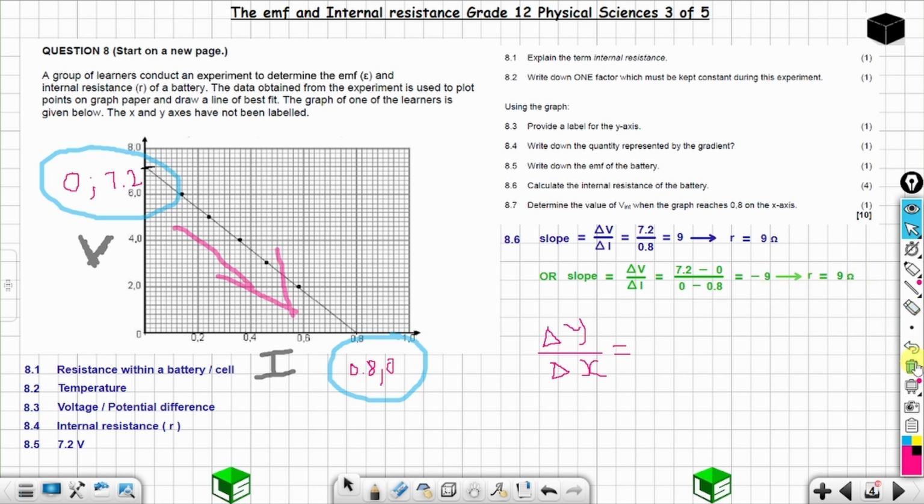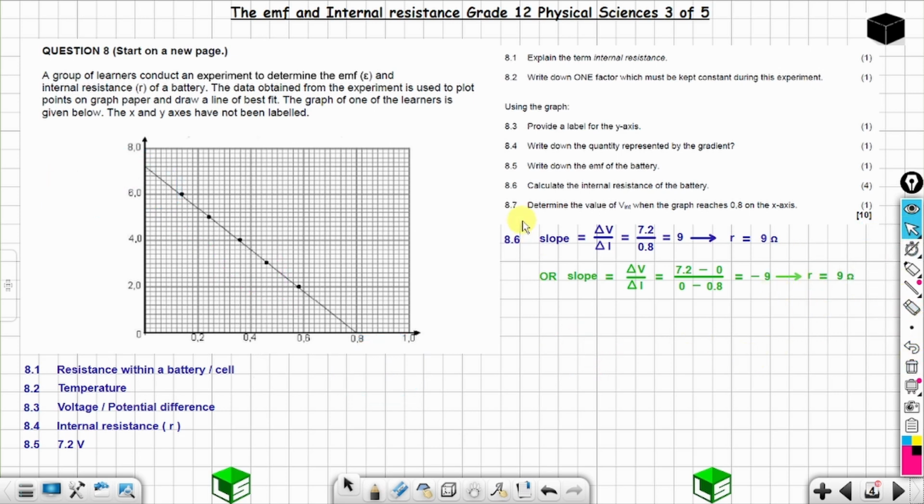We carry on. Now 8.7, the question says determine the value of internal voltage when the graph reaches 0.8 on the x-axis. The total current, this is the total current, 0.8.